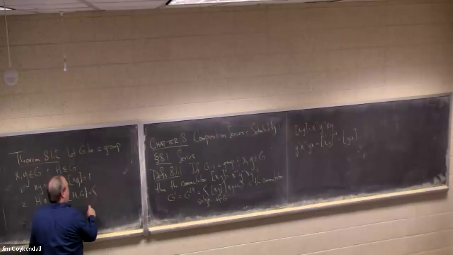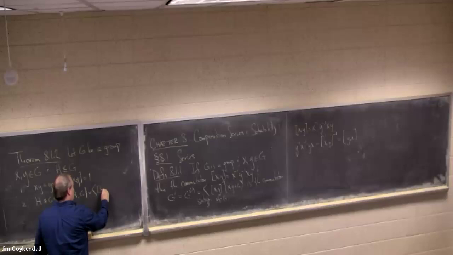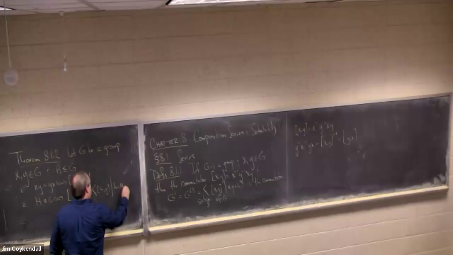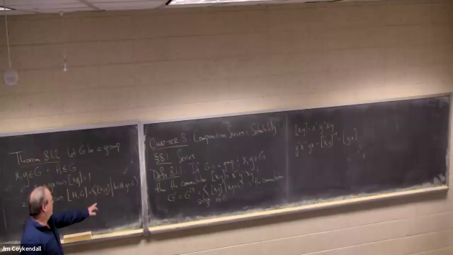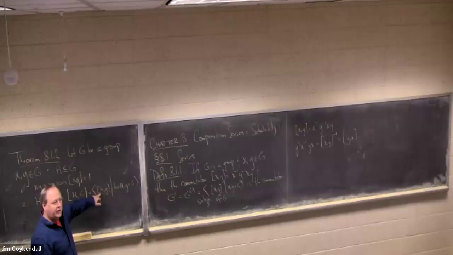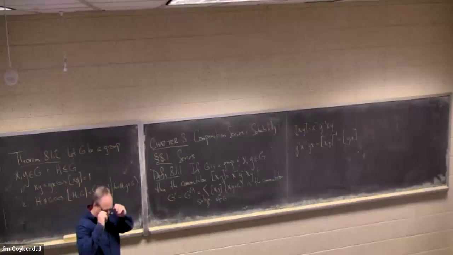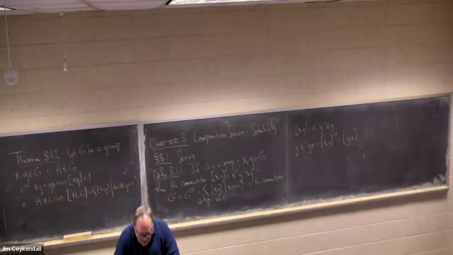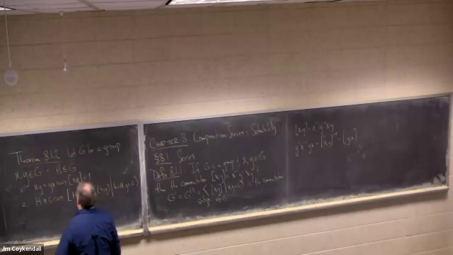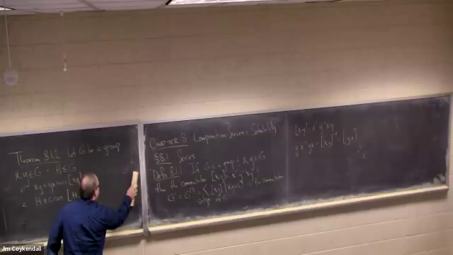What I mean by this is the group generated by the commutators of little h and little g, where h is in H and g is in G. So these are all commutators, one of whose elements is in H. This would be h inverse g inverse h g, where h is in H and g is in G. By definition, it's the group generated by these.